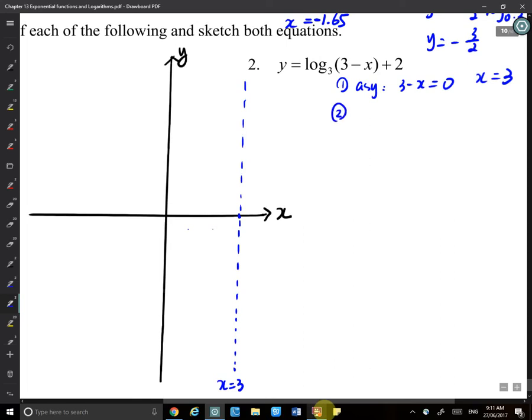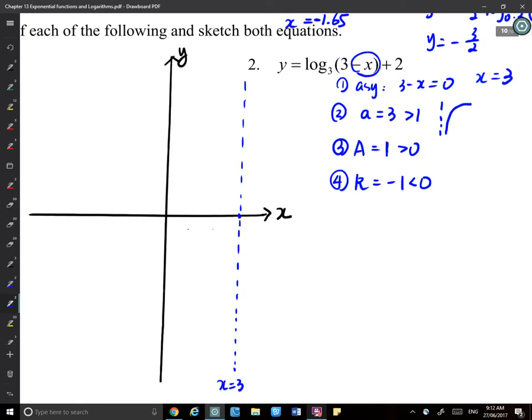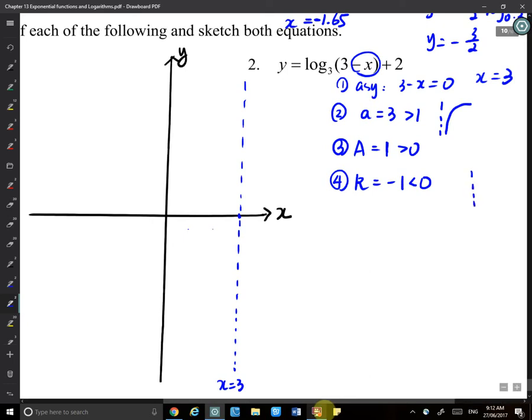Number 2, base equals 3, greater than 1. That is just an increasing graph. Number 3, capital A equals 1, greater than 0. Nothing wrong. Number 4, K equals negative 1. The coefficient of x is negative 1, less than 0. Reflect in which axis? Y axis. So it will be this shape.